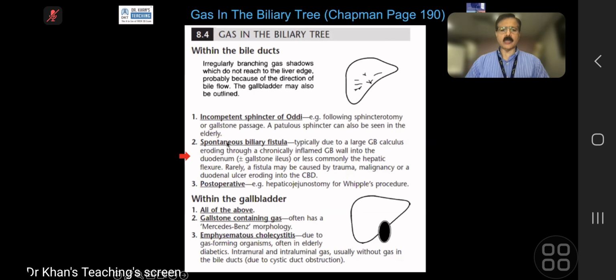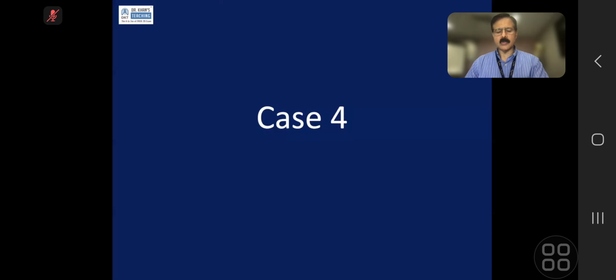So this is what we are talking about, spontaneous biliary fistula, typically due to a large gallstone eroding through a chronically inflamed gallbladder wall into the duodenum, less commonly colon, or hepatic flexure. Even here, they have written commonly hepatic flexure. So please remember that there can be a fistulous communication with the colon also.